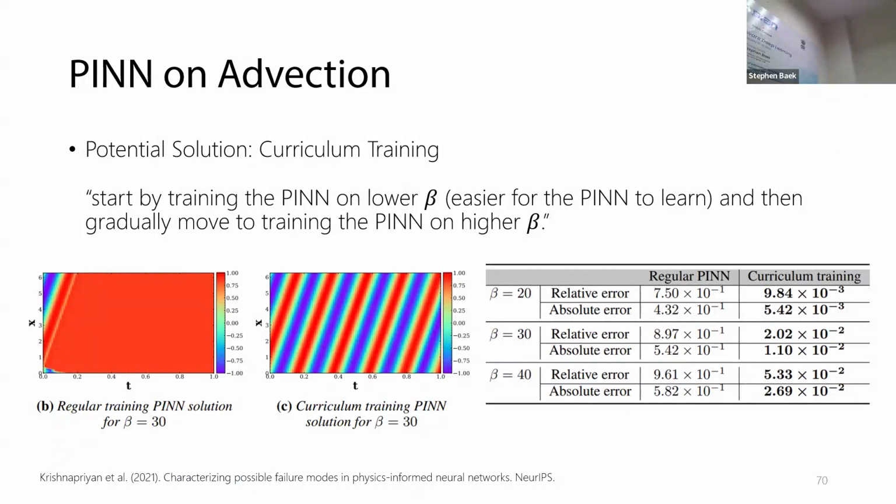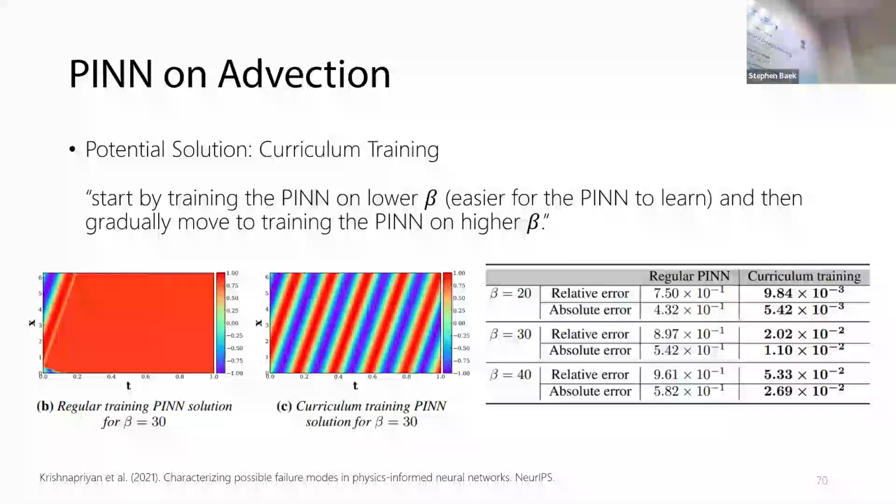Generate the data, and then present beta equals 15 to PINN, and start from the previous training session. You update the model, and in that way, you make PINN predict beta equals 15. And then after that, you increase beta a little bit, make it 20, let's say, and then you fine-tune the weights of the neural network with beta equals 20. And then you basically repeat that process all the way up to beta equals 30.